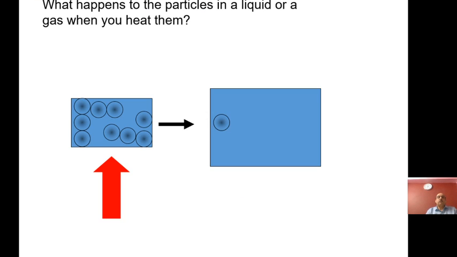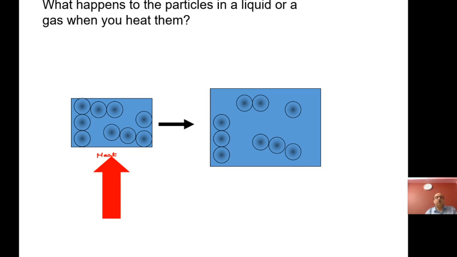Now, the second mode of transfer we have to introduce today is convection. What happens to the particles in a liquid or a gas when we heat it? Look here, the particles are closer when they are cold.